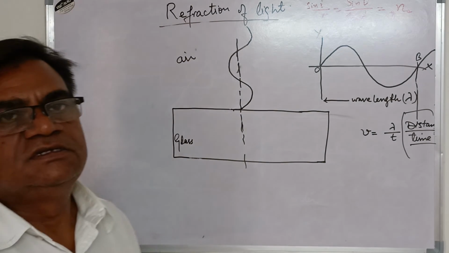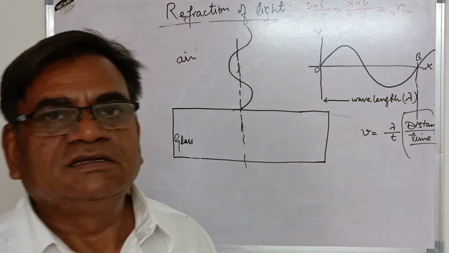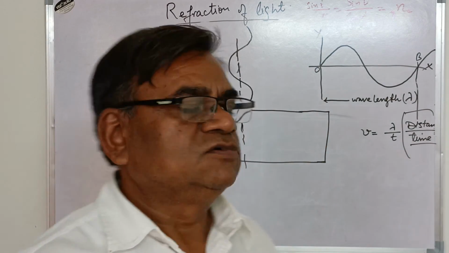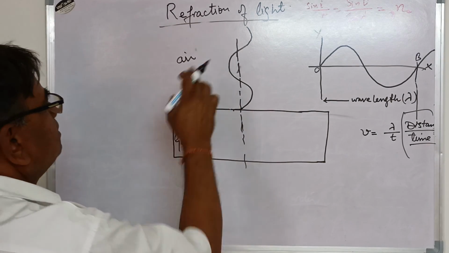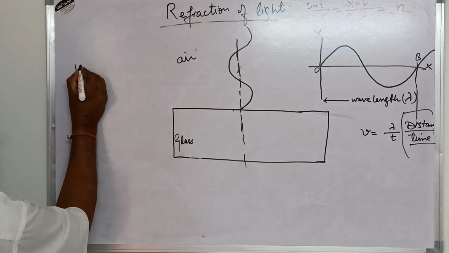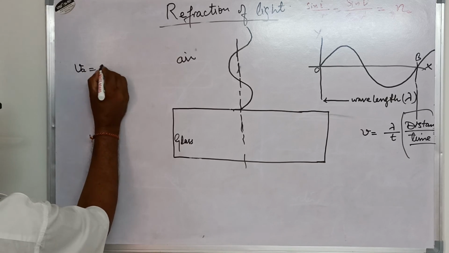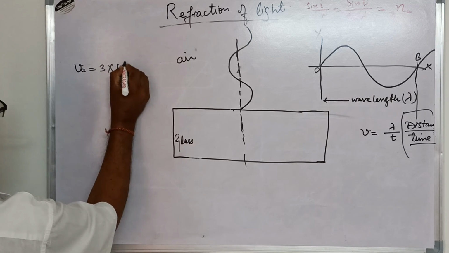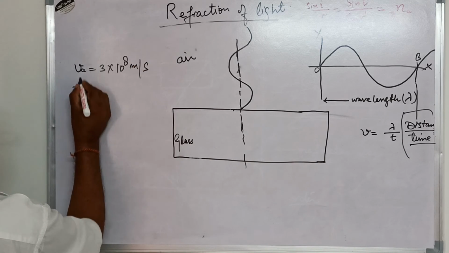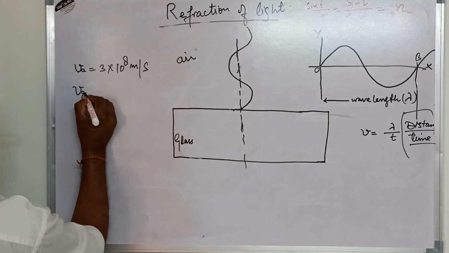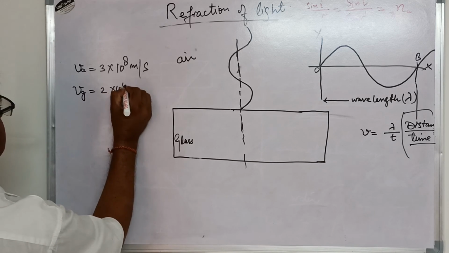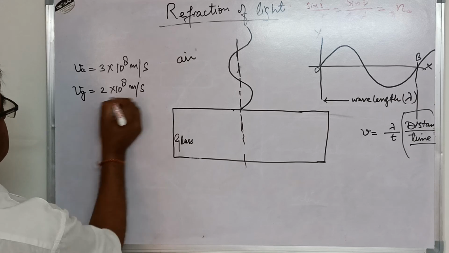So what happens? If something is dense, it will resist the flow. The speed of light in air, V air, is 3 into 10 to the power 8 meters per second. The speed of light in glass is 2 into 10 to the power 8 meters per second.